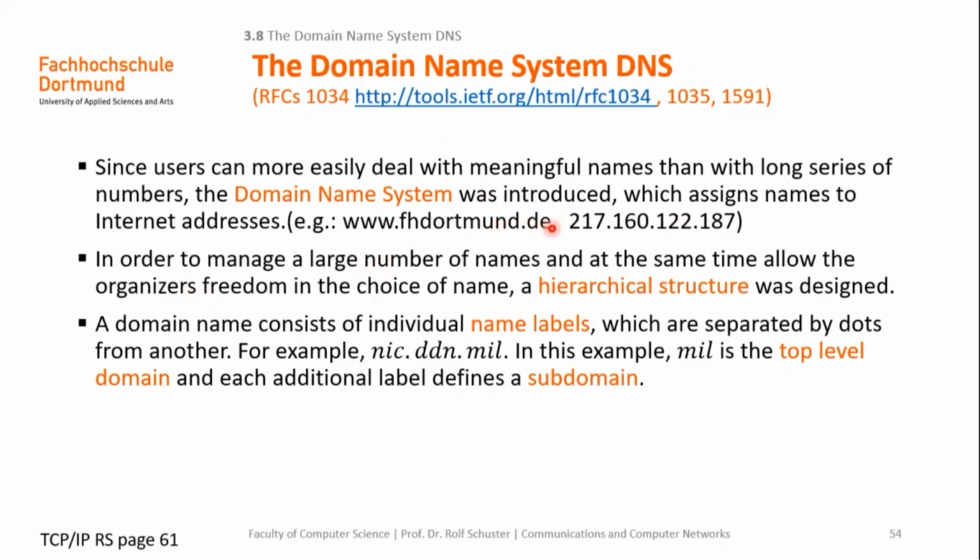For instance, the Fachhochschule Dortmund is an authority, but there are several different organizations, such as companies, universities, government, and different domains of authority that need to establish that relationship between IP addresses and names.